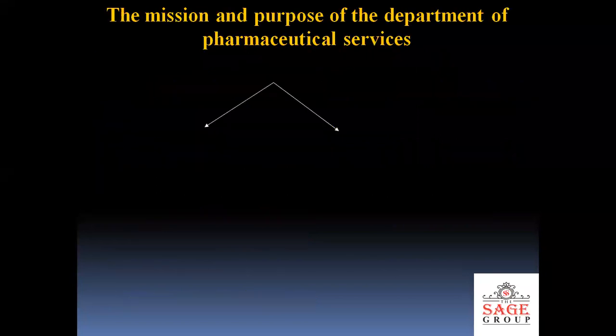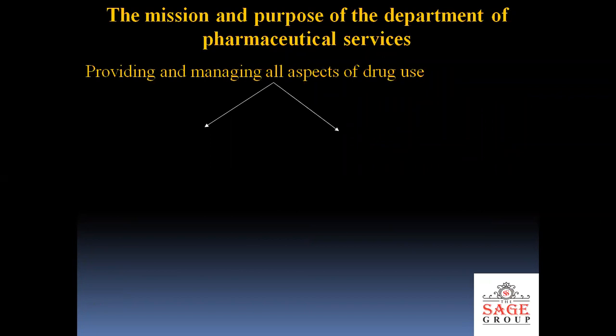Now the mission and the purpose of Department of Pharmaceutical Services, the pharmaceutical services which is running in a hospital. The mission and purpose of the Department of Pharmaceutical Services in a hospital is given here: providing and managing all aspects of drug use or drug distribution.